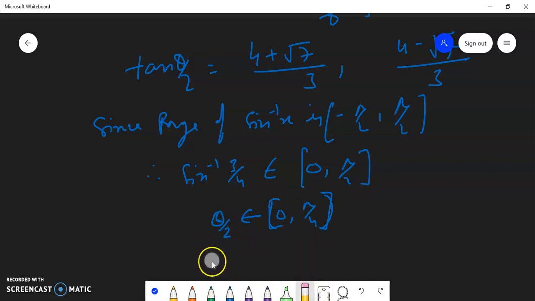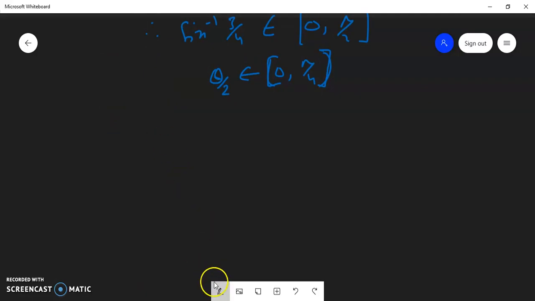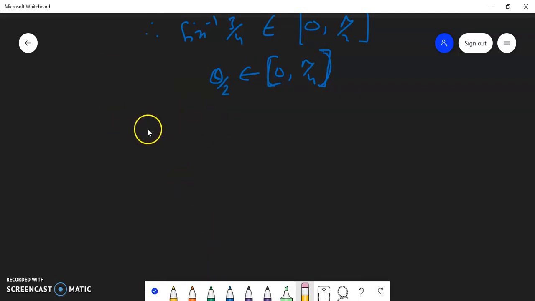All right, so when theta by 2 belongs to 0 to pi by 4, what about tan theta by 2? Since the left hand side of the equation became tan theta by 2, when theta by 2 is between 0 and pi by 4, tan theta by 2 will be between 0 and 1.